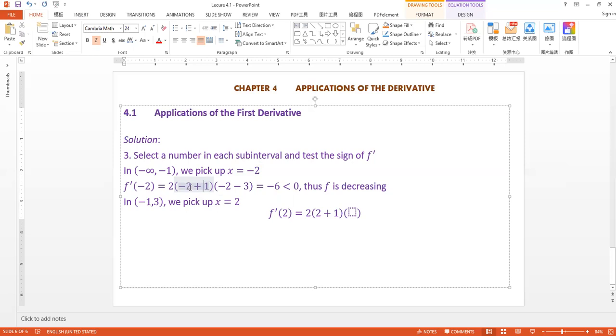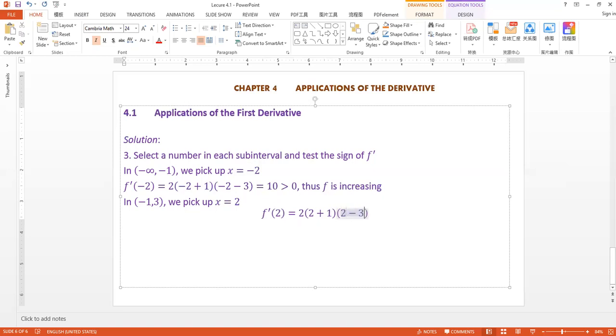That'll be positive, since there are 2 negative numbers. And it's positive 10 actually. So it's positive. So instead of decreasing, the function is increasing. Okay, sorry about that. But again, in the interval from -1 to 3, we can pick up 2. There's no problem for that.